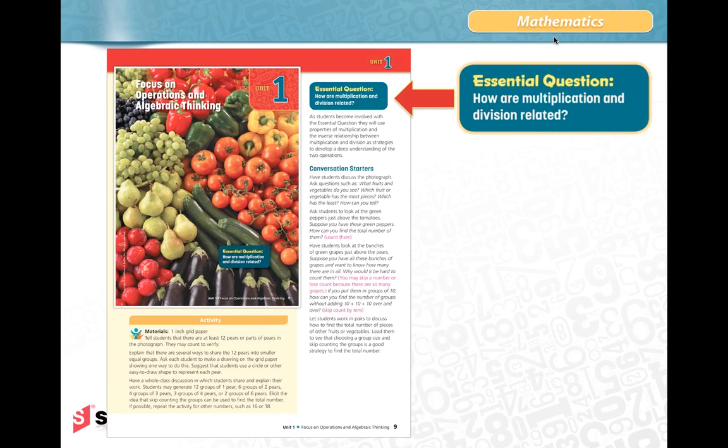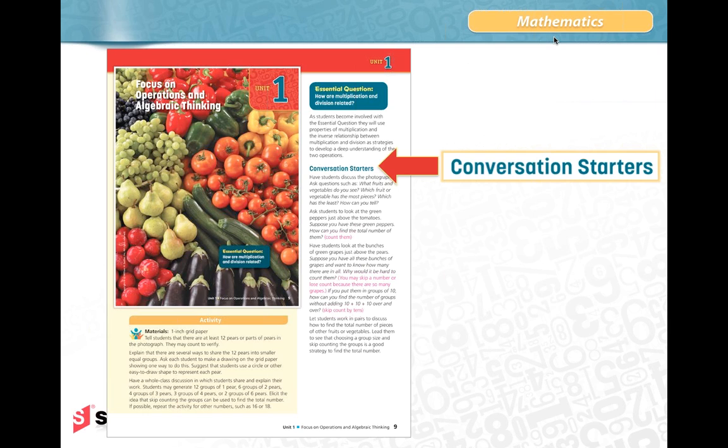The essential question, again, is a nice kickoff to the big idea for the unit. And then we provide you with question starters, conversation starters, to help you really hone in on students' experiences in a meaningful way, connecting it to the unit opener.